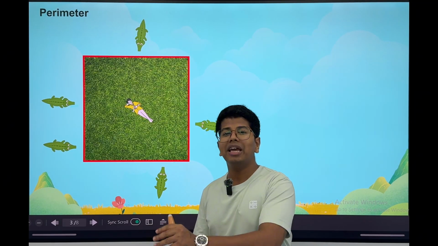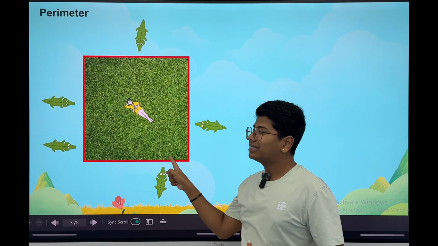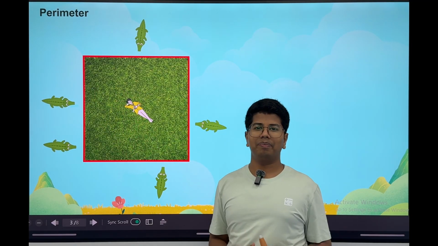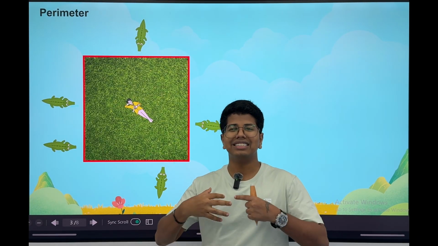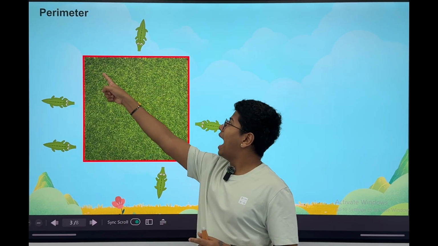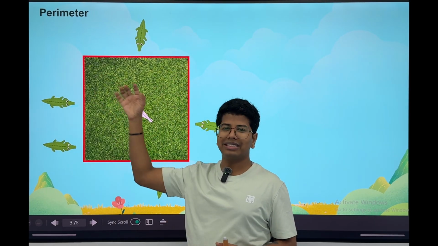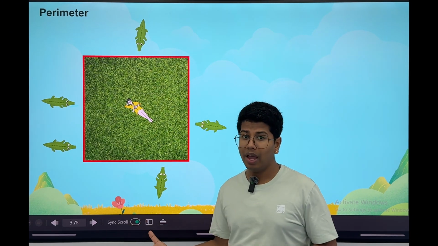So what does perimeter mean? Perimeter means measuring the walls that are around this shape. Now what does this shape look like? Oh, the shape looks like a square. So to calculate the perimeter of this shape, that is a square, I calculate all the walls that are around it. Now not always the figure can be a square.